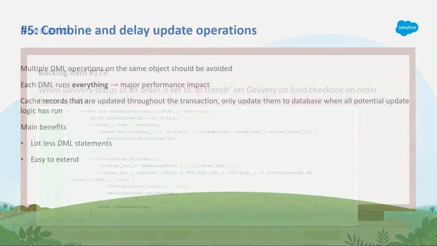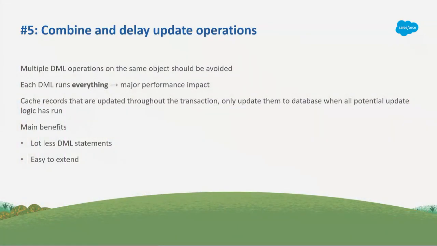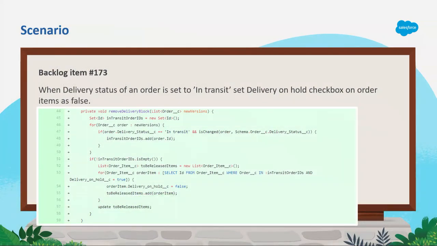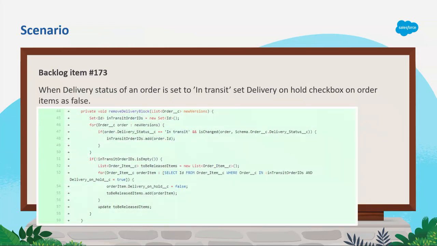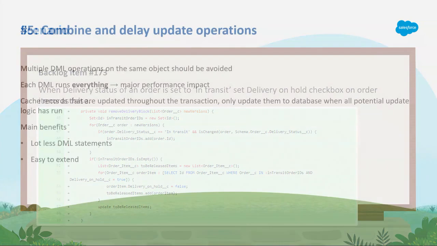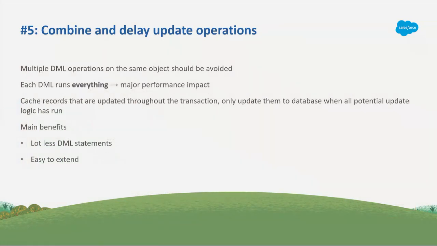And then to overcome this issue, if you look still briefly at the example, here we are also updating the items. And we were updating them from the other feature method, from the confirm order items as well. And to overcome this issue, I propose an approach where we try to combine these DML operations together.